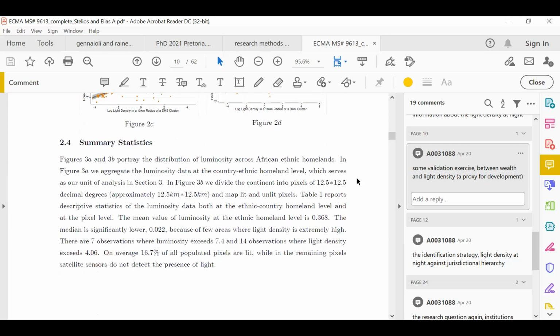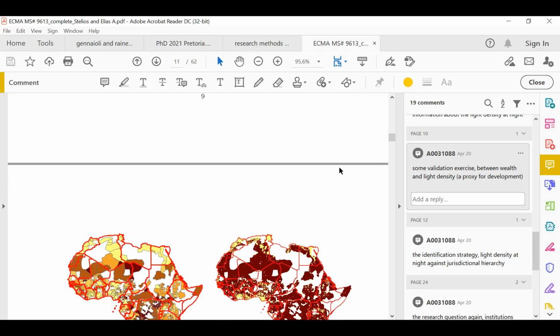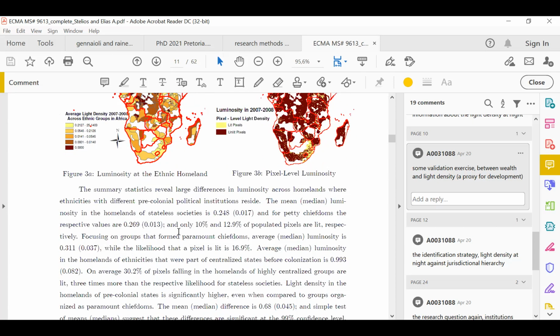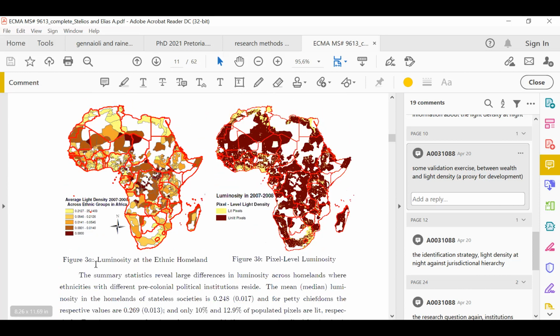What else? Summary stats or the descriptives. There we go. What is this? Do I find this interesting? So this is essentially luminosity, and here again we have two types of boundaries. The official country boundaries on the left, right? And then superimposed the ethnic boundary. Okay.